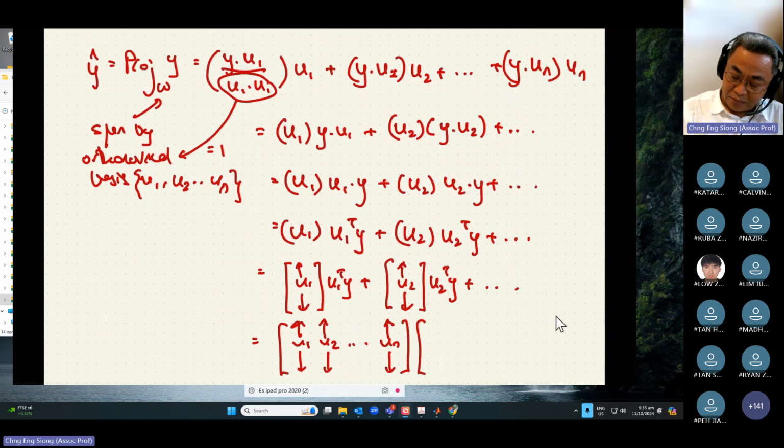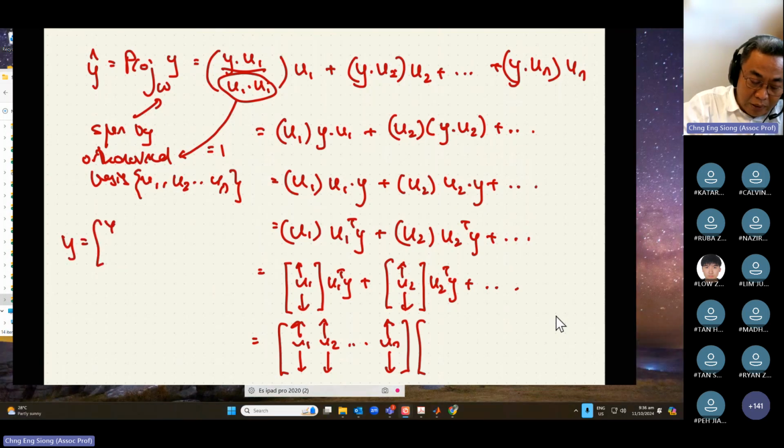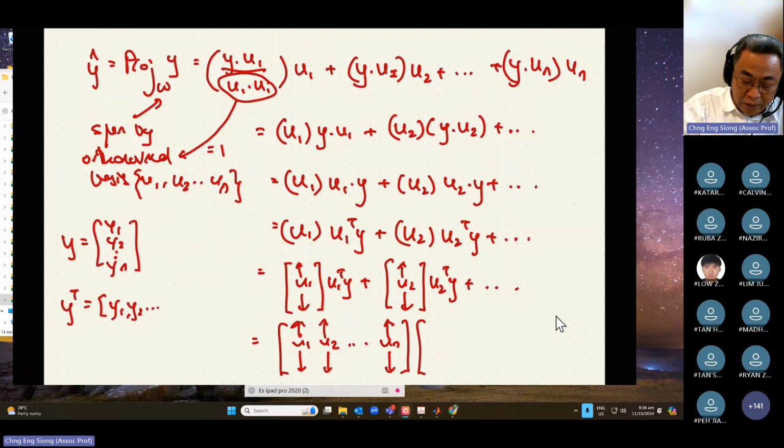The first element is Y, and Y and Y transpose the same? No, no, no, of course not. Y is the column vector Y1, Y2, YN. Y transpose is the row vector y1, y2, yn. Okay?